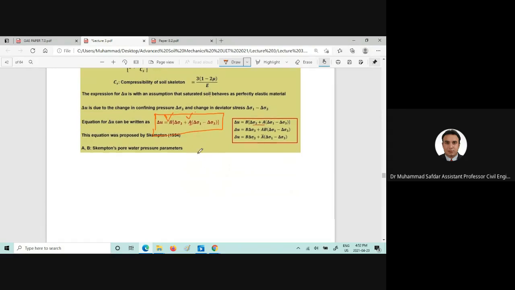Now, if you see here, delta sigma 1 is equal to delta sigma 3, so this term will become 0. And when this term is 0, delta U will become B into delta sigma 3. We can say that B is equal to delta U divided by delta sigma 3, and that is the consolidation stage.